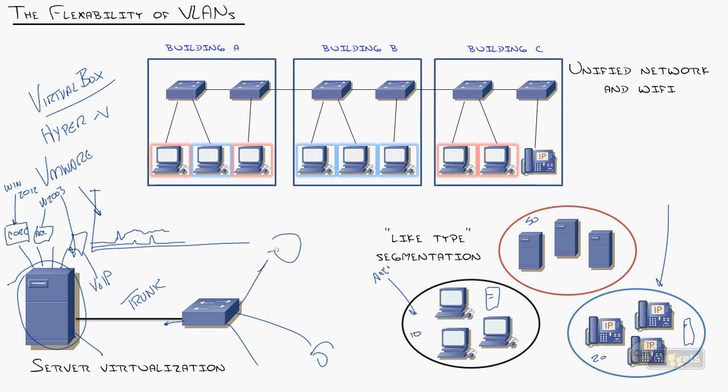Even though they're separated, like accounting can't actually get to the phones and the servers, I can send all of those packets tagged to the server, and just about every virtualization solution, VMware, Hyper-V, all that kind of stuff, can look at that VLAN header and assign this server within this box to VLAN, what did I say, 20.